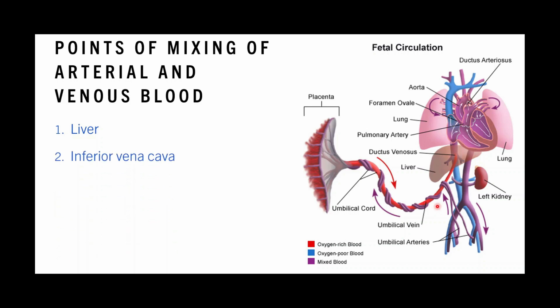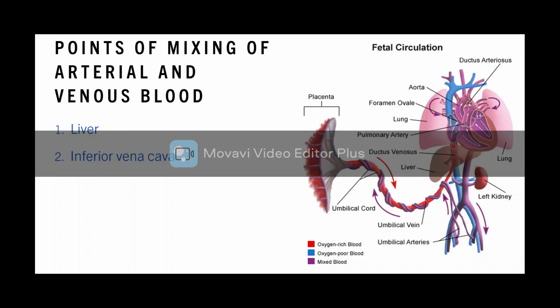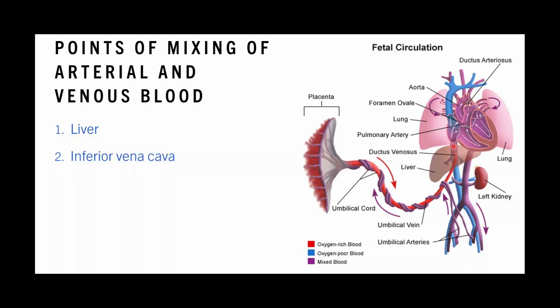The second point of mixing is the inferior vena cava, where the systemic and hepatic veins join. Also oxygenated blood from the ductus venosus joins. So this is the second point of mixing.